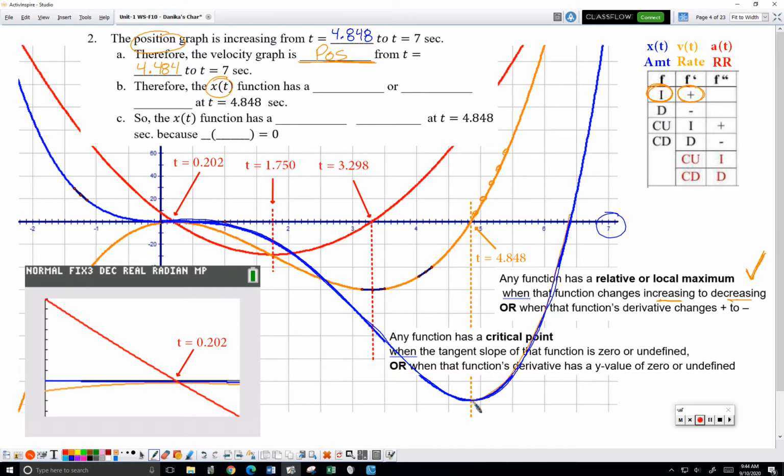When that change occurred, the position graph has a relative, you can abbreviate relative, that's allowed on the AP test, or local minimum in this case at that same time. So that's just introducing you to that idea, which I think you actually learned last year as well. So, questions?